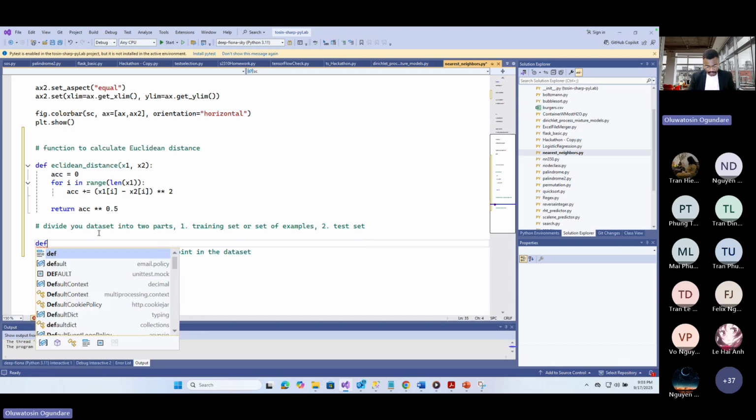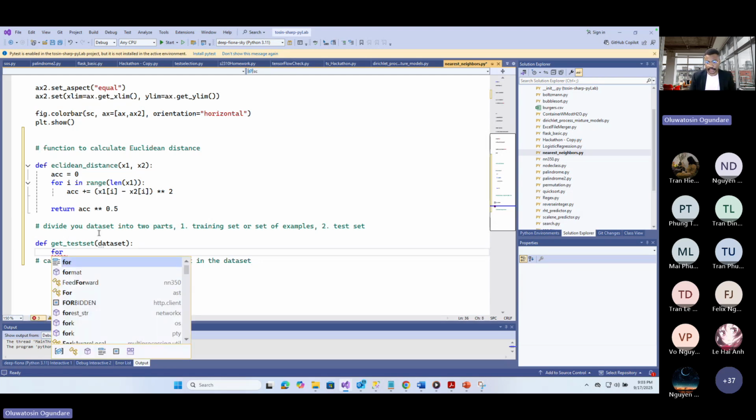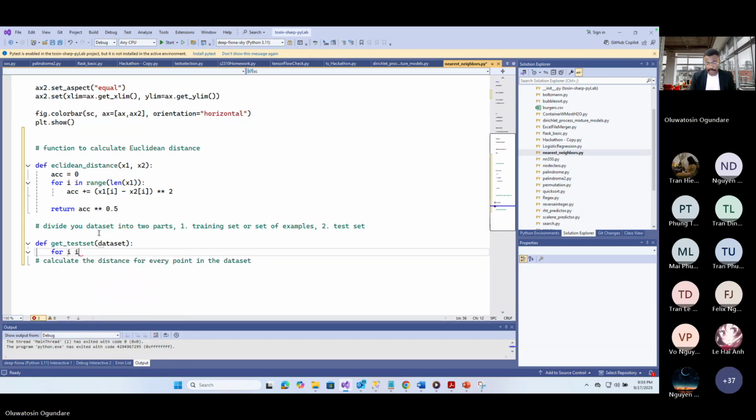So def get_training_set, get_test_set. This is going to take a list, my data set, and we're going to use the 80-20 rule. We do the same thing for i in range of the data set.